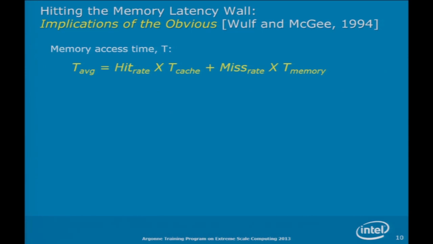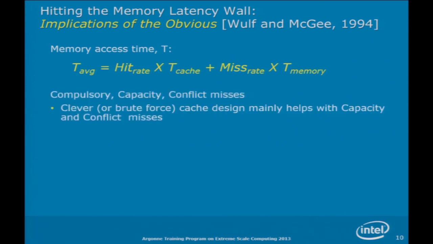Another somewhat famous paper was published by Wulf and McKee in 1994, which they called Implications of the Obvious. And it's still sort of obvious, but the time to access memory is a simple formula: you have caches, cache hits, and cache misses, and it's the sum of the time to access each of them multiplied by the probability of ending up accessing that part.